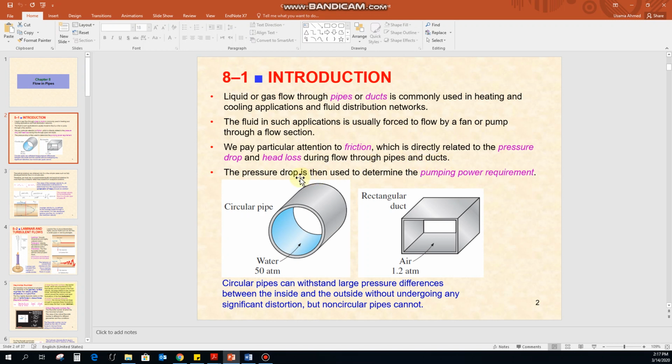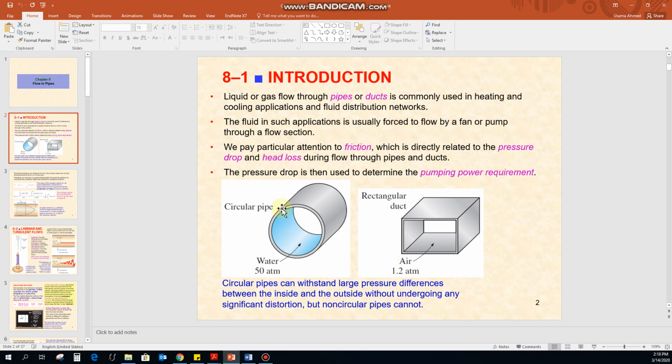The pressure drop is then used to determine the pumping power requirement. So it is obvious that whenever there is a pressure drop, we have to overcome it to transport the fluid from one place to another, and then we are supposed to calculate the pumping power requirement to overcome that pressure drop.